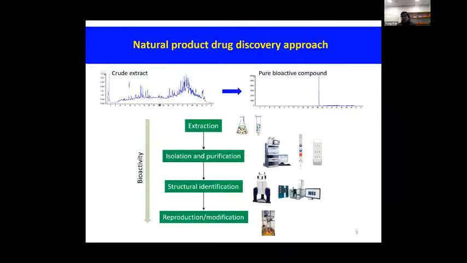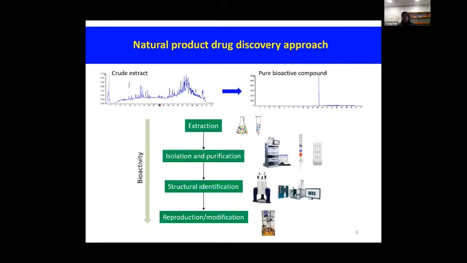At this stage, we have to collect a lot of spectral data from nuclear magnetic resonance (NMR), mass spectrometry, infrared and UV, and combine all that data to determine the structure. Sometimes with minor components, we need to approach semi or total synthesis to reproduce the compounds or modify them to get better activities, improve potency, or sometimes get better physicochemical properties of the molecules.